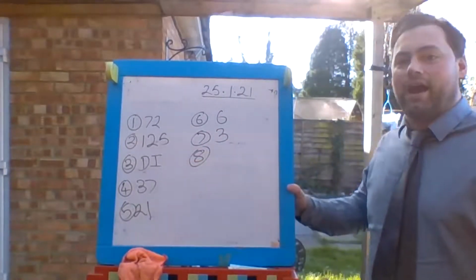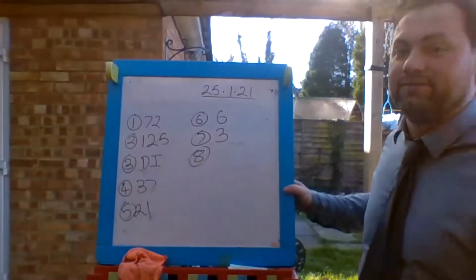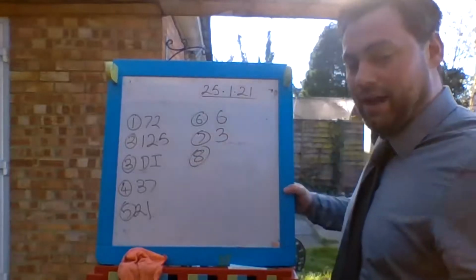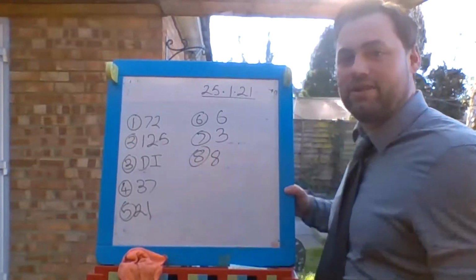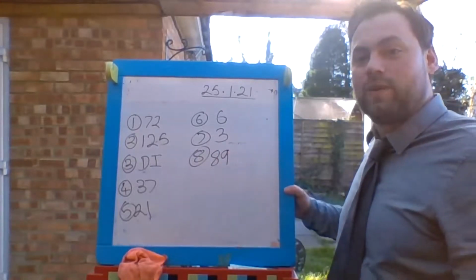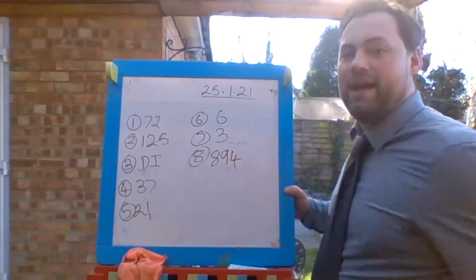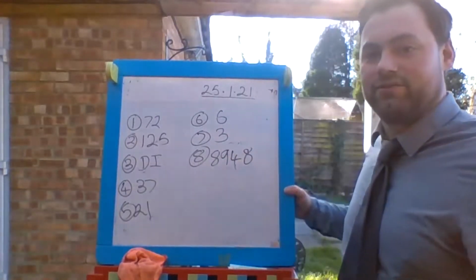Question 8. We've got 7,421 plus 1,527. Let's have a look at this. 7,000 plus 1,000 is 8,000. 400 plus 500 is 900. 20 plus 20 is 40. And 1 plus 7 is just 8. So 8,948.